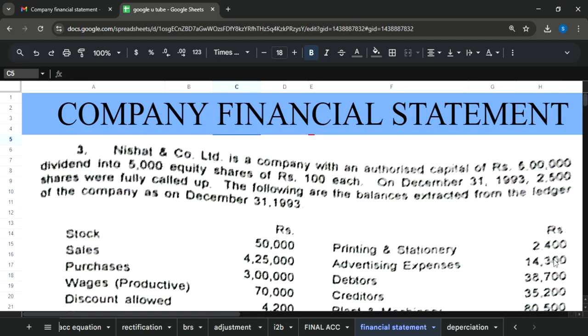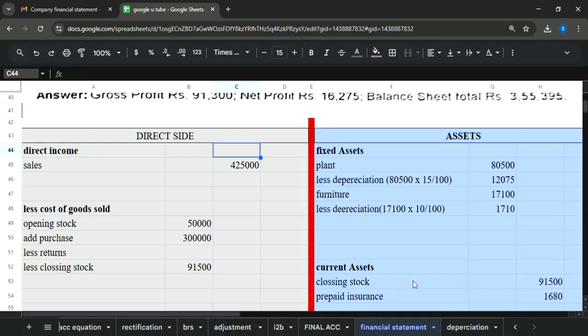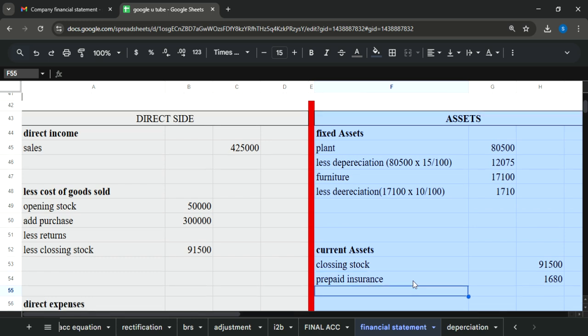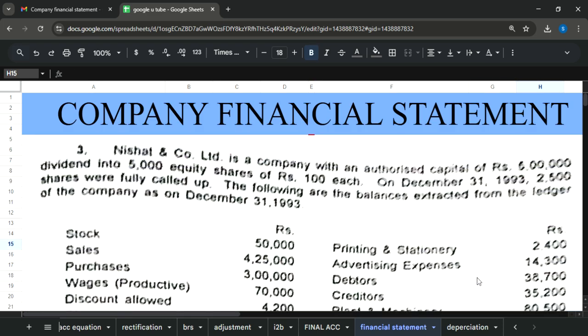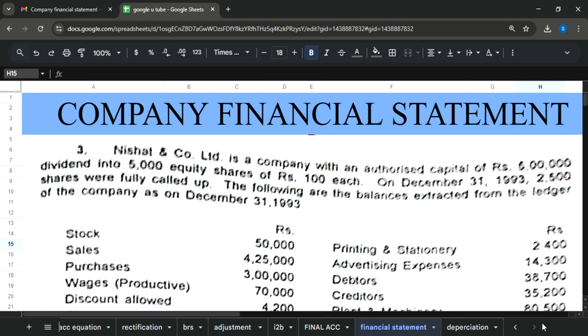After advertising, we have debtors. These are current assets. And here you will mention debtors, amount of which is 38700. After debtors, we have creditors.